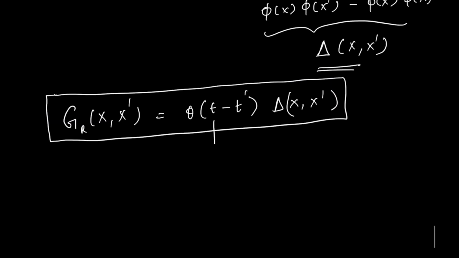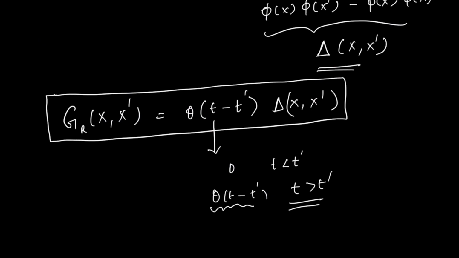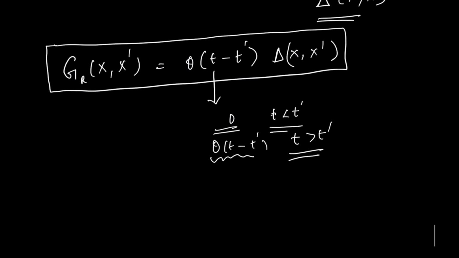And this theta of t minus t prime is equal to 0 if t is less than t prime. Okay, and the function theta of t minus t prime will take some value only if t is greater than t prime, otherwise it is equal to 0 for t less than t prime. So that is the function theta of t minus t prime.